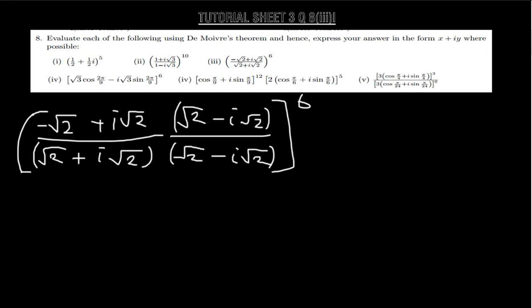So from there what you do is just a matter of multiplying. Negative root 2 times root 2, you get negative 2, and then negative root 2 times negative root 2 i, negative times negative is a positive 2i.